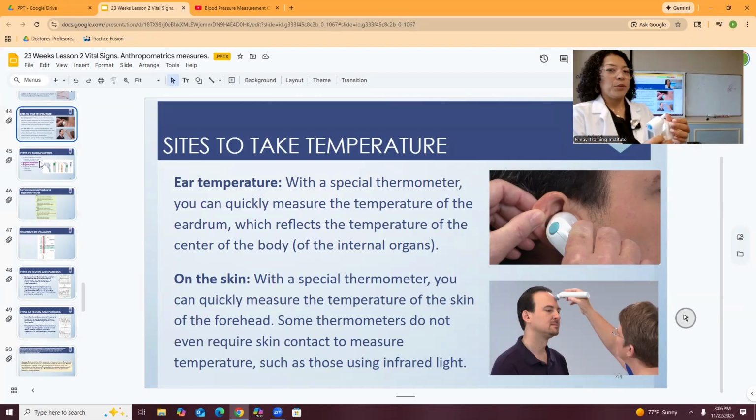So you open the thermometer, place it on the sleeve, make pressure, there's a sound, and the sleeve is going to be inside. Turn on the thermometer, and place it inside the ear canal. Once it's inserted, press it again.